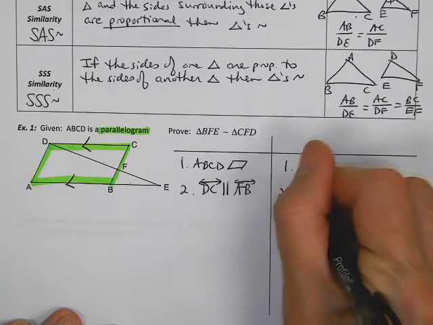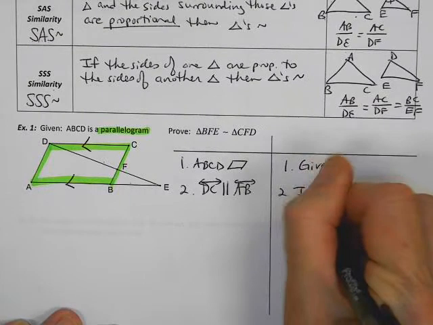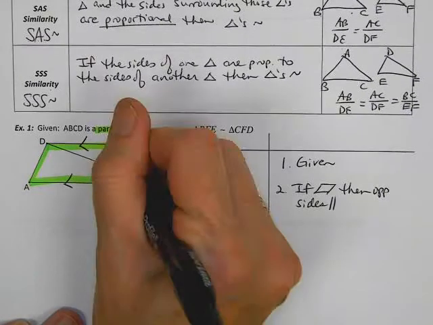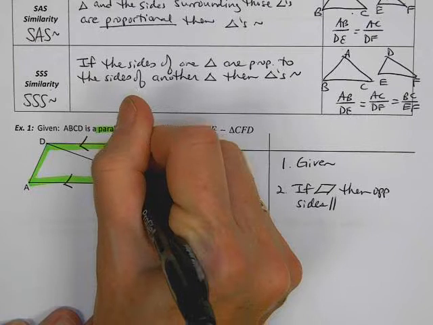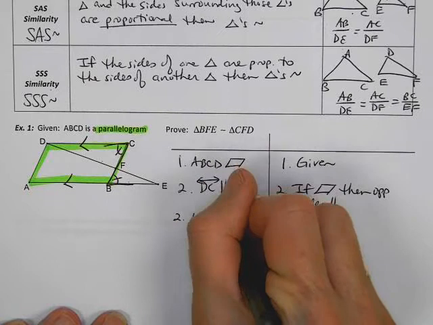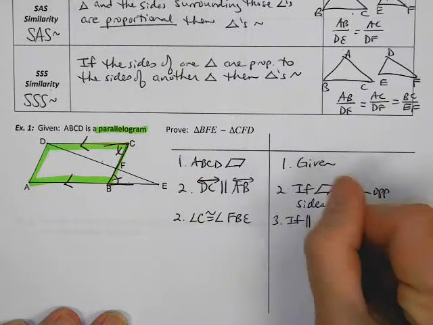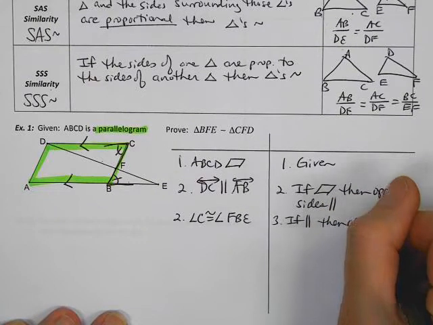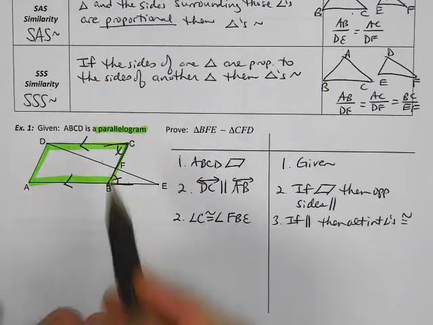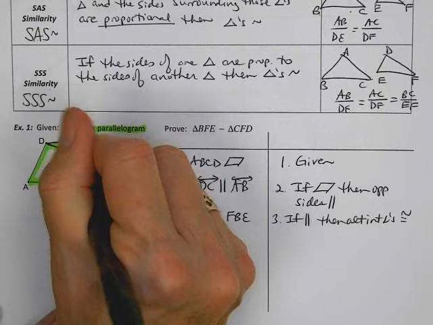If I have a parallelogram, then opposite sides are parallel. I know those parallel lines get me angles, so for example, right here I see a Z. Those are alternate interior angles, so I can say angle C is congruent to angle FBE. If parallel, then alternate interior angles congruent. But I see another Z, it's kind of a backwards Z. If I go here, that gets me those two angles congruent.